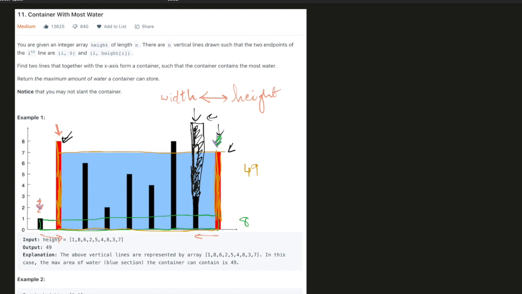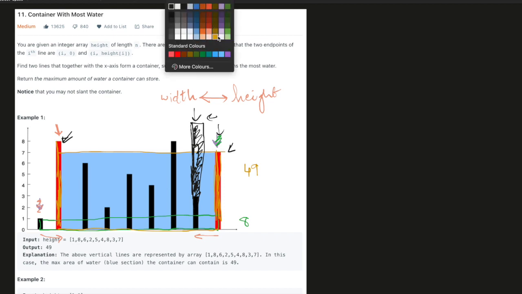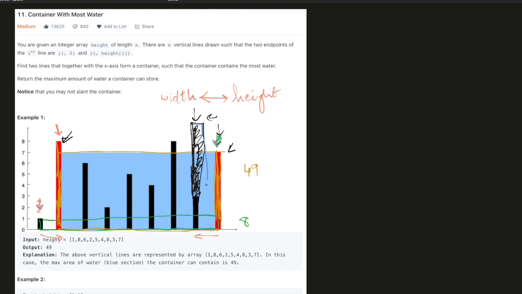And if this bar, which I'm now going to outline in, let's do, which color? Let's do dark blue. So if this bar over here was shorter instead, we would decrease the amount of water we could store in the container, but that's fine because we already stored the value occupied by the water in this other container before, and we're just going to take the max at the next step.